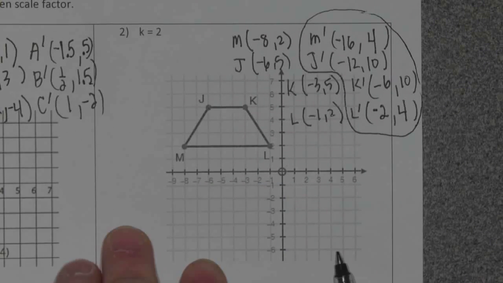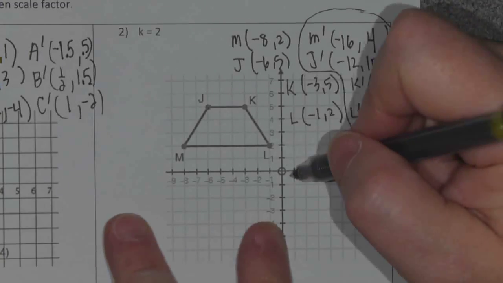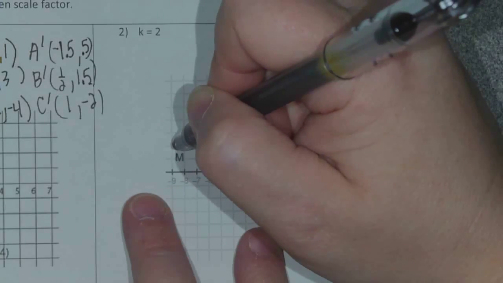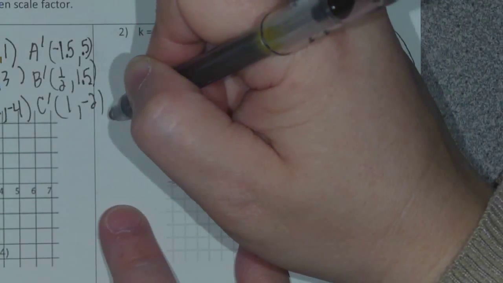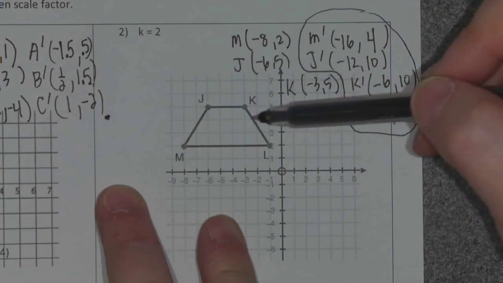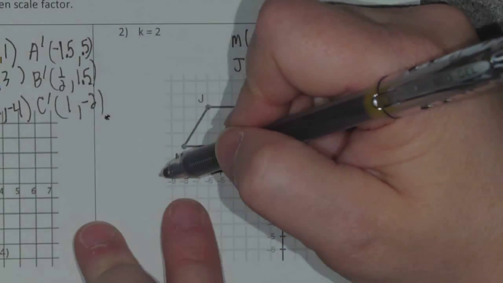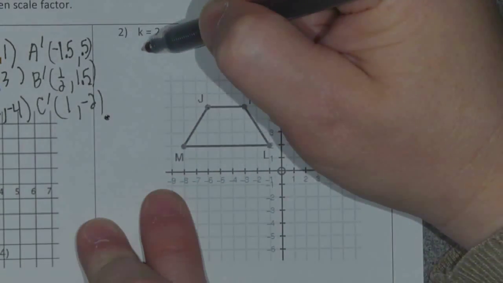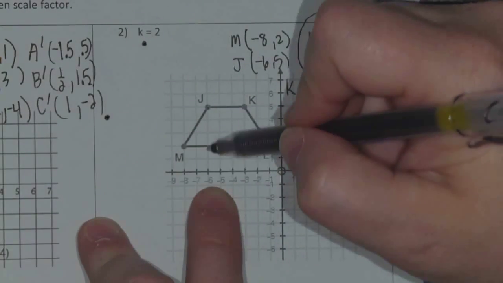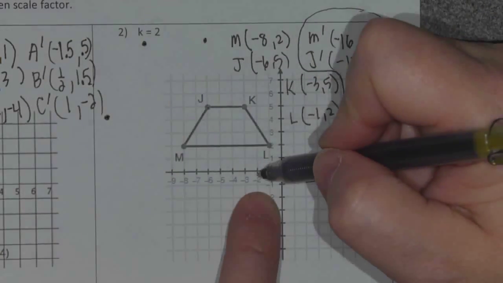We're going to be off this graph here, not very good graph paper for this example, right? So we're -16, 4. We're just going to make our best guess, maybe clear over here. And I didn't go probably good enough. -12, 10. -6, 10, and -2, 4.